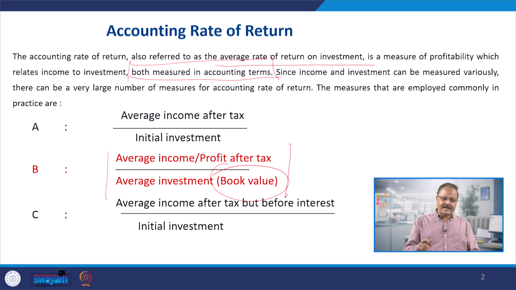So this is the only accounting measure, and the remaining 4, 3 discounting and 1 non-discounting, payback period. Even payback period, to some extent you call it a discounting measure, because we have started calculating the discounted payback period also. So all those 4 measures are based upon the cash flow. Only this one is based upon the accounting values or accounting profit, and we take here the profit and the average investment.